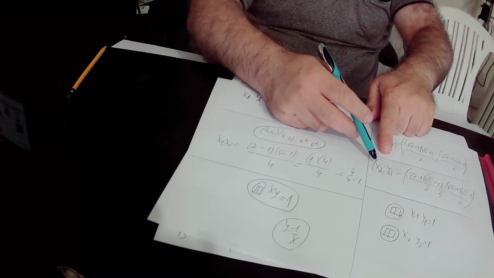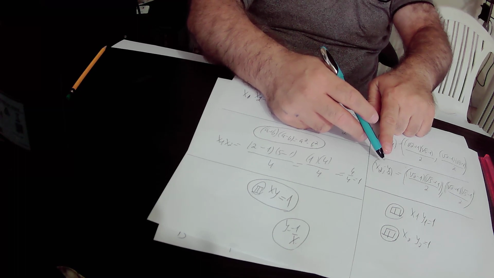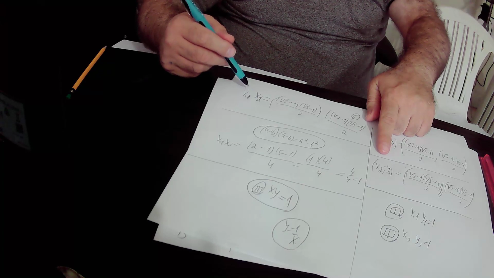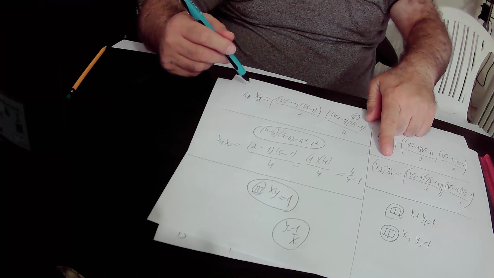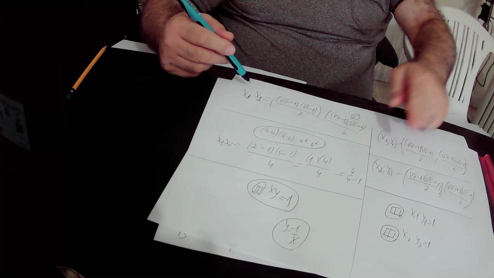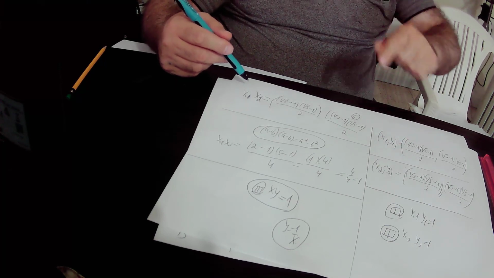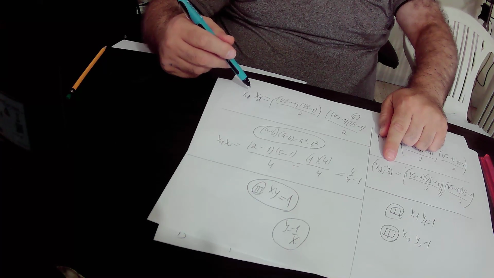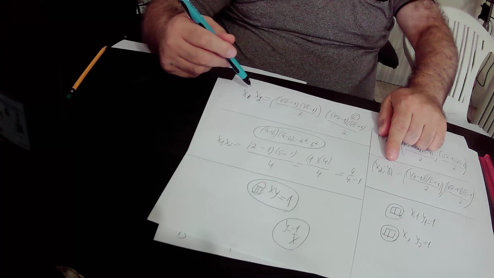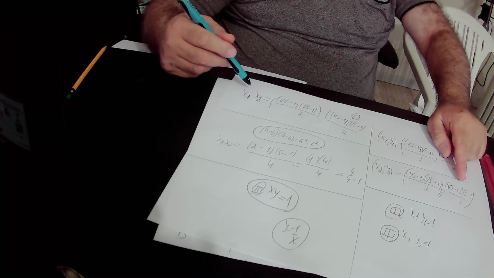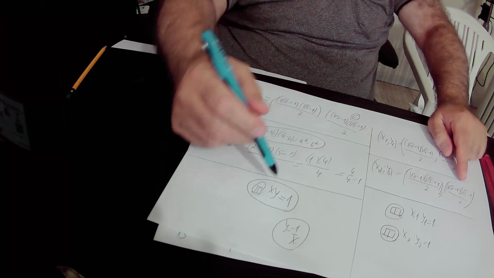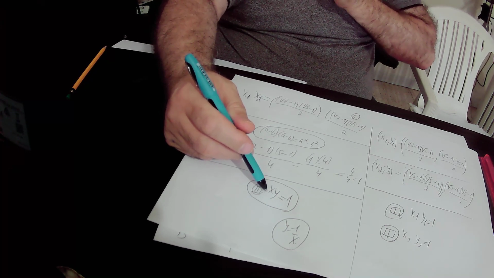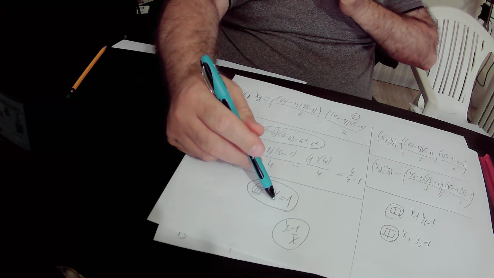In order that x2 times y2 will be equal to 1, y2 must be equal to x1, and in this way we'll get that x2 times y2, that is x1, will be equal to 1. So here y2 is actually x1, and we will get that x2 times y2 will be also equal to 1, exactly what equation number 3 demands, that x times y will be equal to 1.